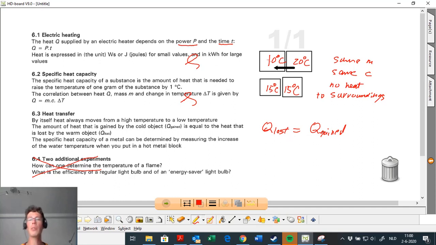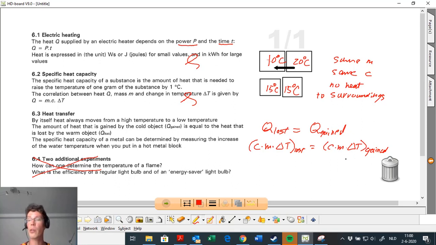This allows me to find out stuff about these substances, because I can replace these formulas by the formula C m times delta T. And I can do the same on the other side. I'm using labels to keep track, because the temperature difference for the hot object will be different from the temperature difference for the cold object.